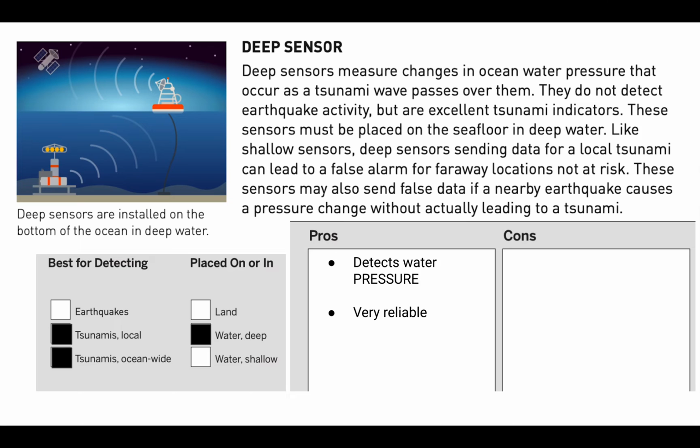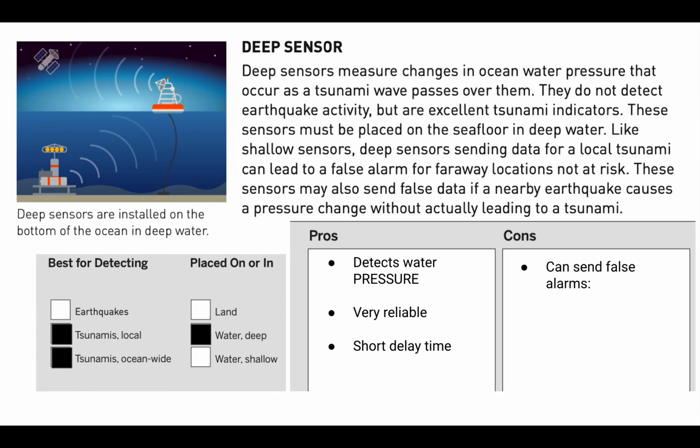As the tsunami wave passes over the ocean floor, the change in the water pressure is detected by the sensor, and that sensor sends a warning very quickly. It's very reliable, has a short delay time. So that means it's an increase for the warning time for our people of Sri Lanka, which is very good.